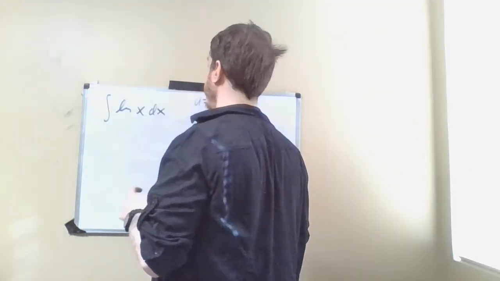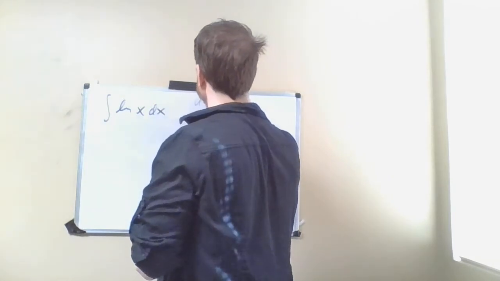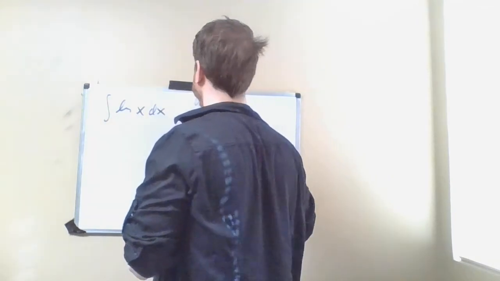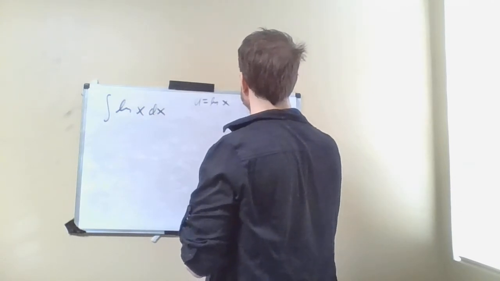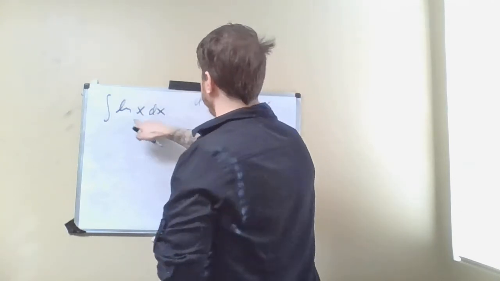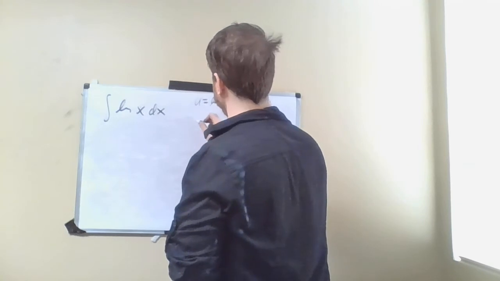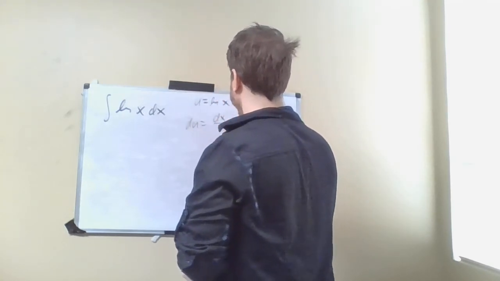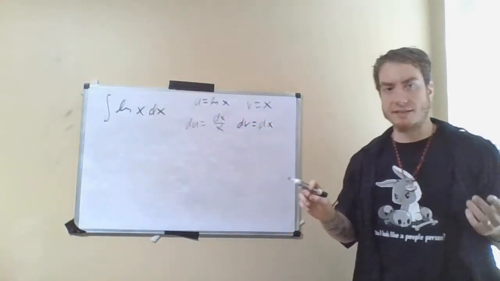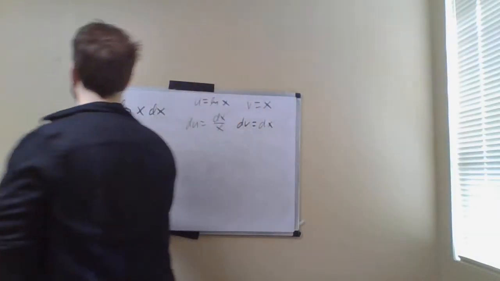The only thing I can do to break this up is to take u to be log x and dv to be dx. That makes v into x, and the differential of u is going to be dx over x, or 1 over x dx, depending on how you want to write it.